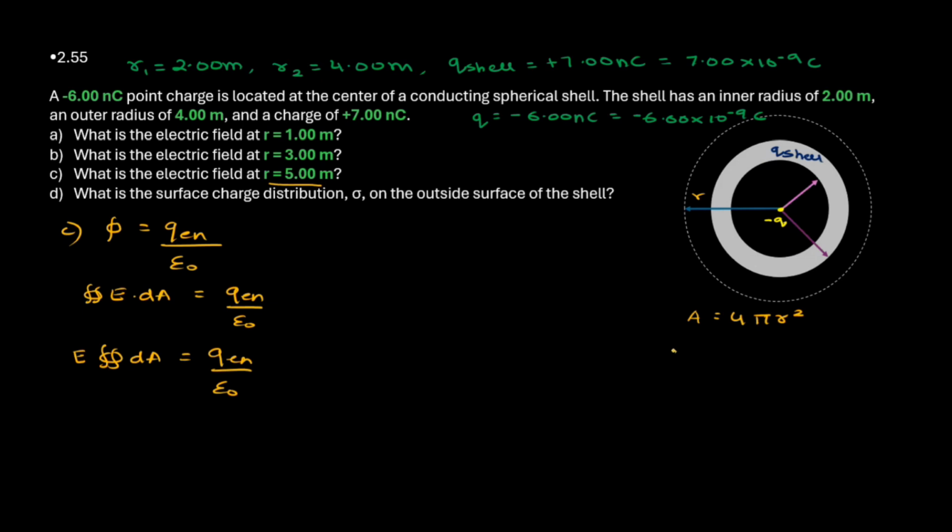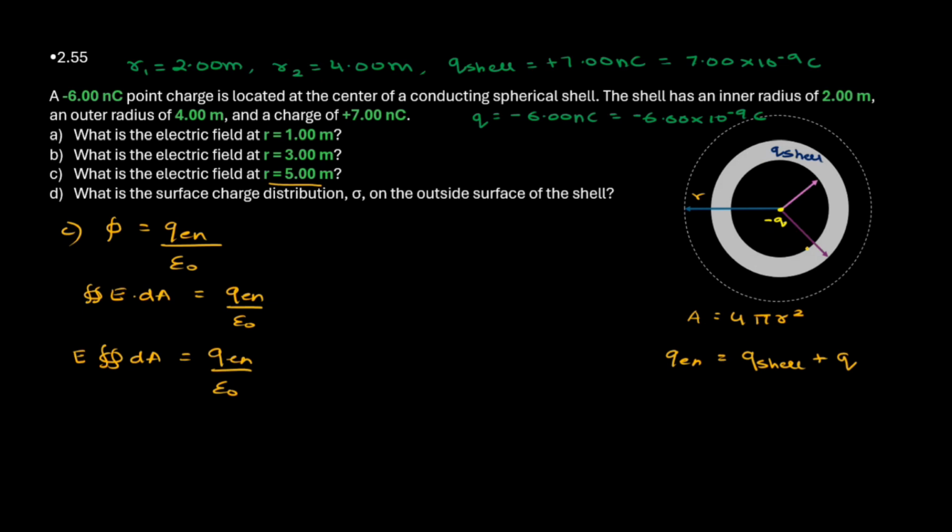Charge enclosed is the total charge enclosed by the Gaussian surface. So here we have two charges within the Gaussian surface, the charge of the shell and the negative charge at the center of the shell. So we write charge enclosed to be equal to Q of shell plus Q at the center.